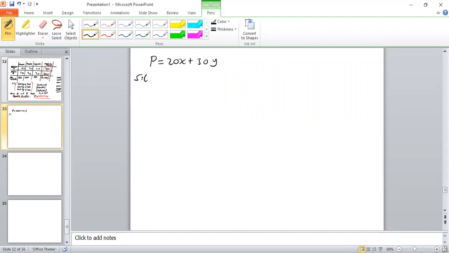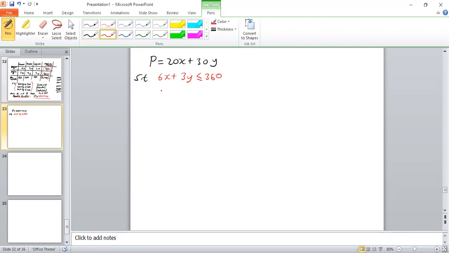Subject to the constraints. 6x plus 3y is less or equal to 360.